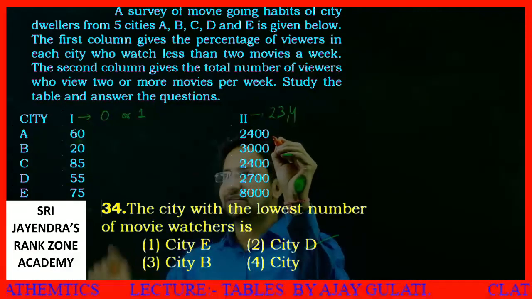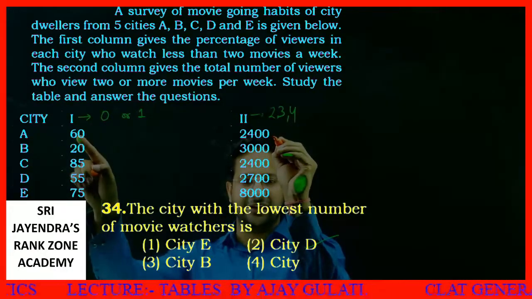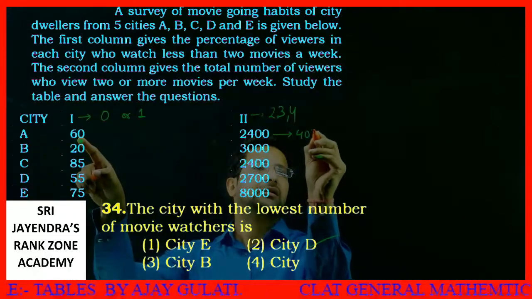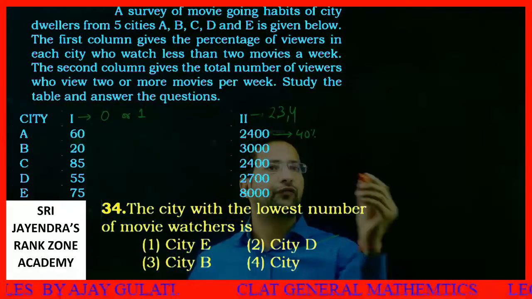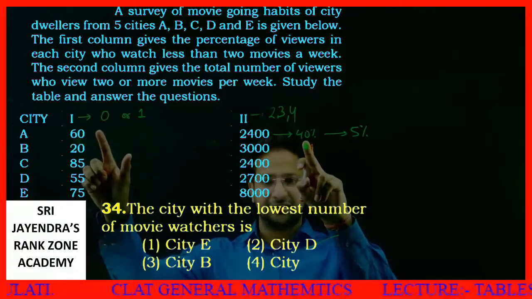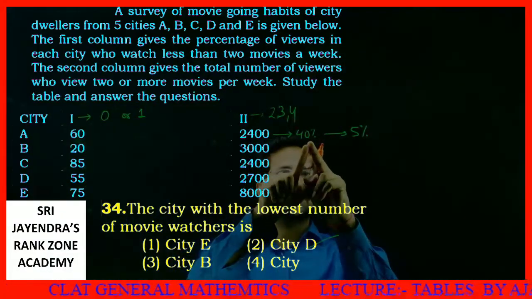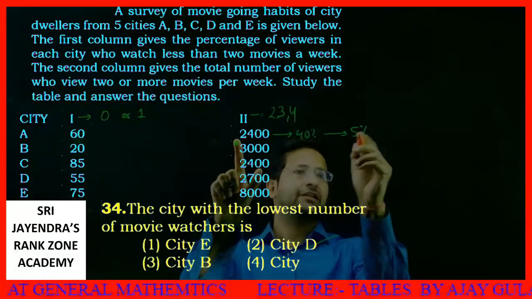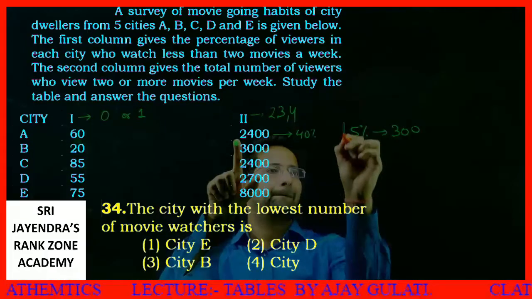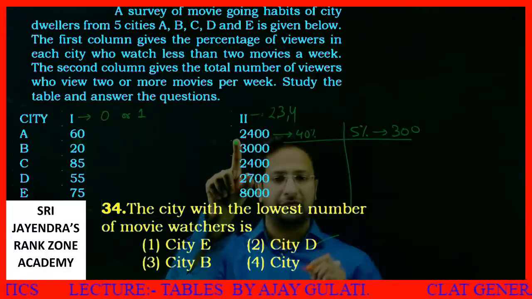Here A is 60%, so this must be 40%. Let's talk about 5%. If 40% is 2400, then 5% will be 300.